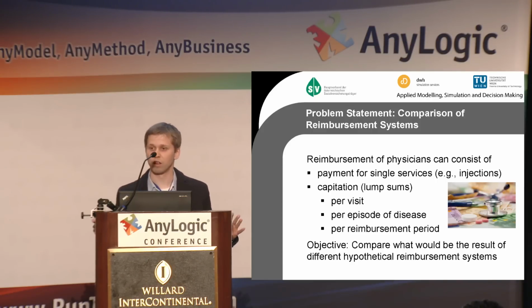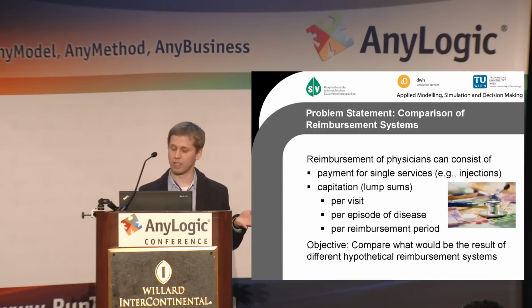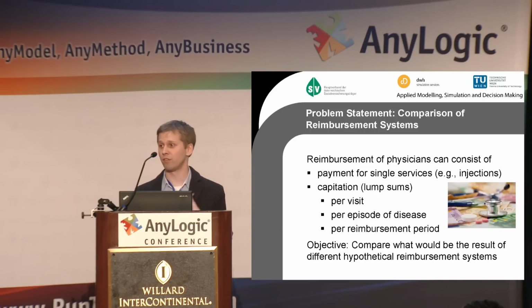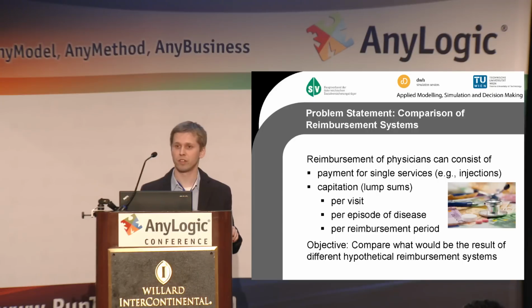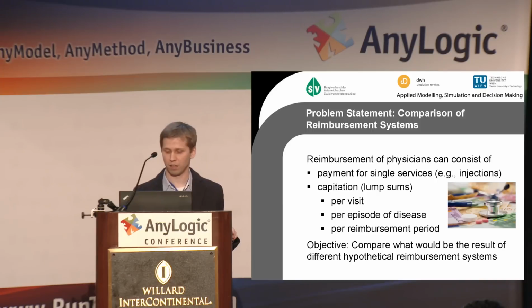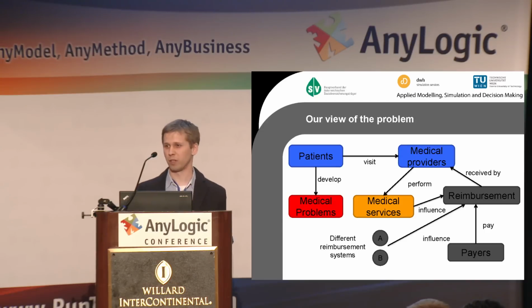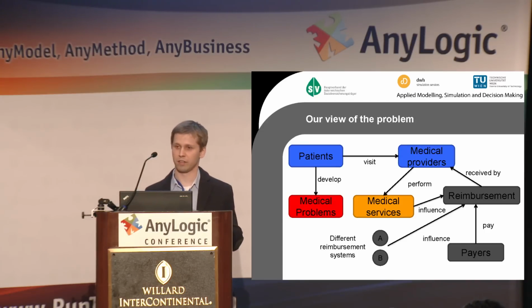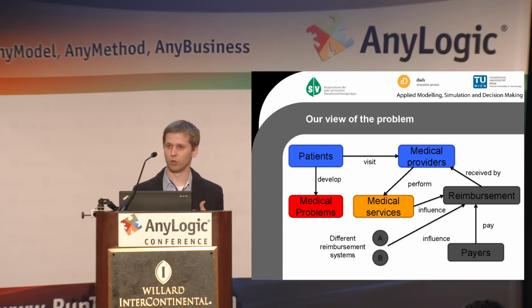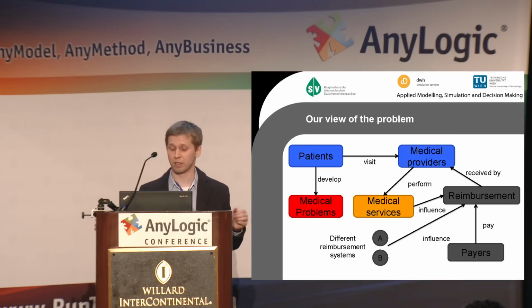So the objective in this case was: can we build a model where we use the data and where we can compare different reimbursement systems and what would happen if these different reimbursement systems were implemented. So we had to think how to imagine this problem and take objects that are also found in the database.